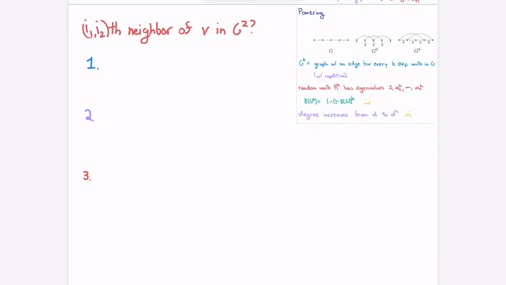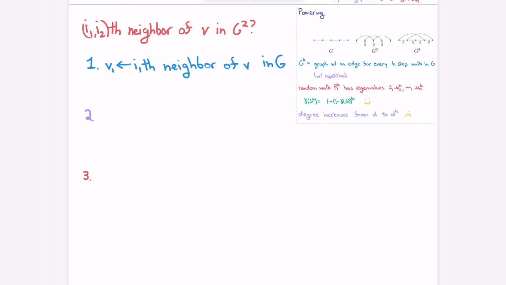I'm not sure if what I wrote is careful enough, but let's say you're in G squared, and the degree is like D squared. You could think of that as two choices out of D, so the I1, I2th neighbor. First you need to figure out the I1th neighbor in G. You're trying to figure out neighbors in G squared, but we can just do it one hop at a time.